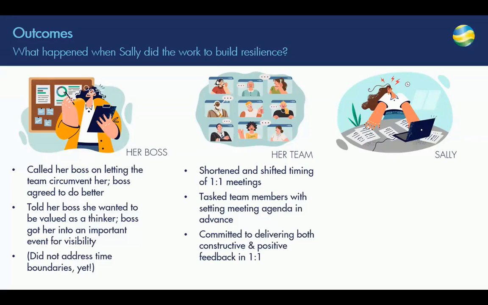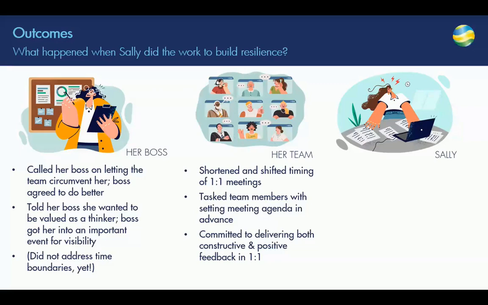And then she committed to delivering both constructive and positive feedback every time in her one-on-ones. So what can I say to this person that I liked about what they did specifically, and what could they improve on? And really, we talked about trying to make that just her process so that it's not like a big surprise at the end, but it's more of a cultural way that this department operates.